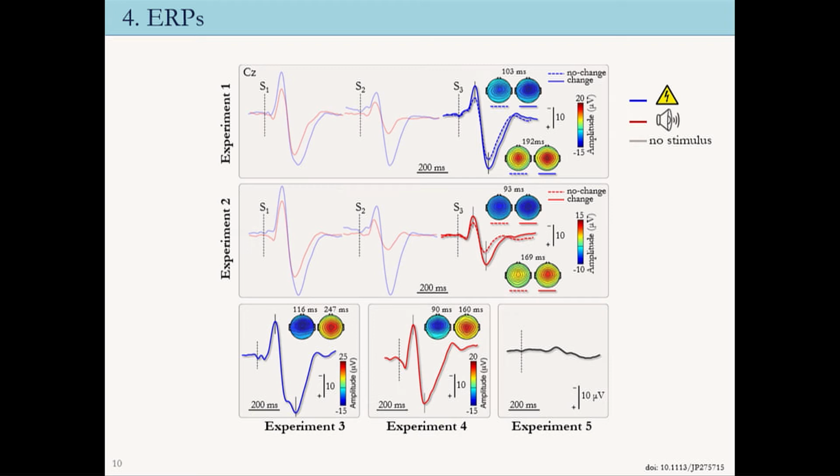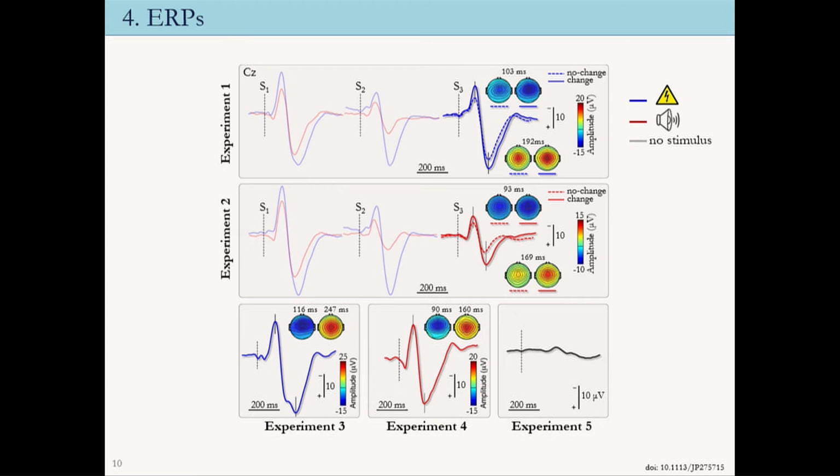So the same stimulus with the same physical properties can elicit different electrical responses in the brain. And this is true whether the stimulus is a somatosensory or an auditory one, whether it is a shock or a beep. And that's not something that we found. This is something very well established. It is nice to replicate it. The interesting part comes: how can we connect this difference in the EEG response with our motor output?